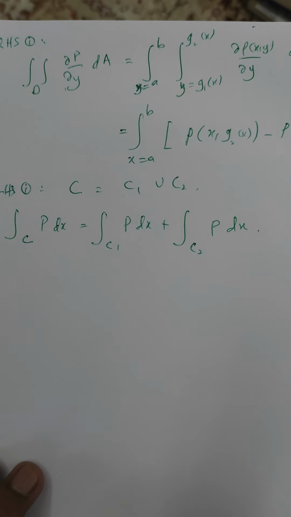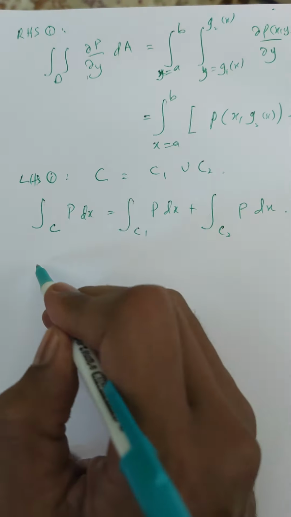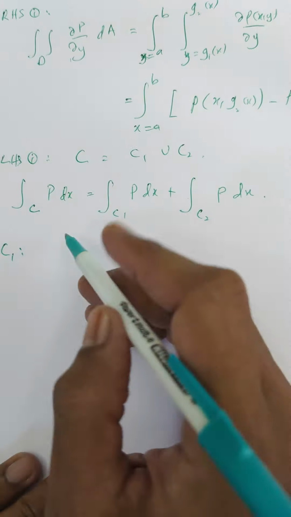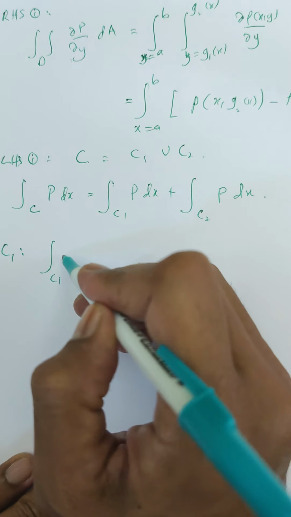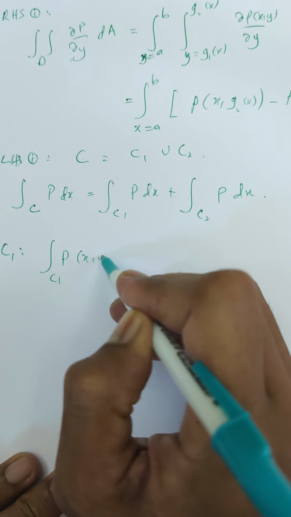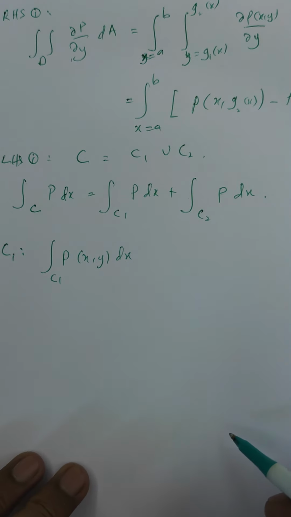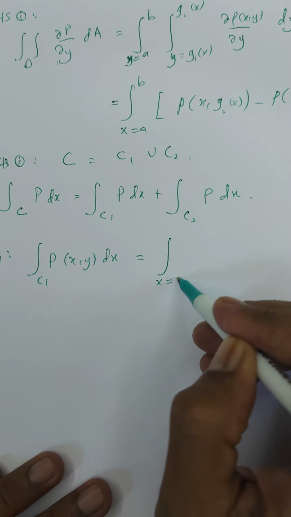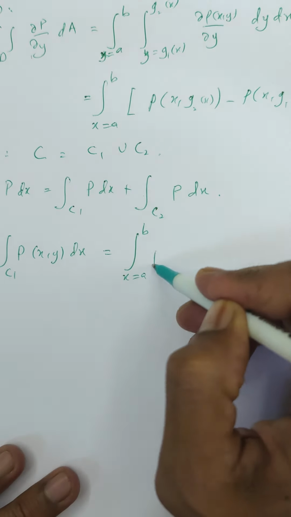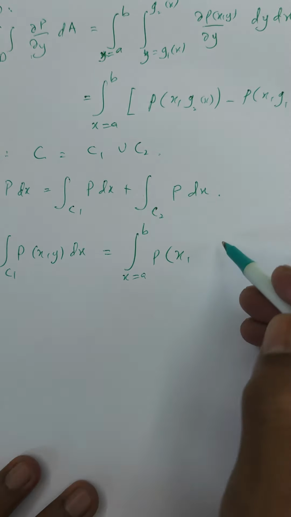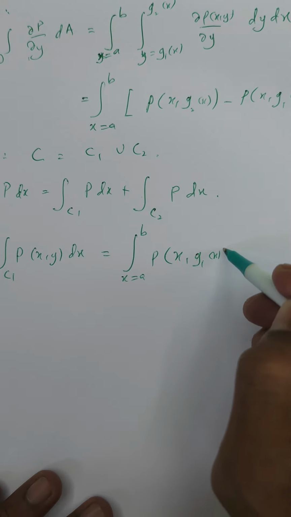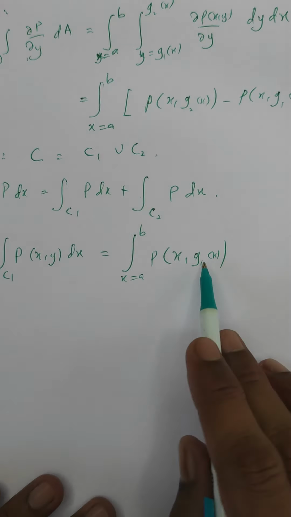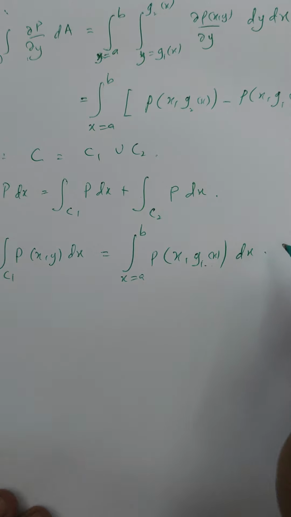Okay, so for C1, we integrate P dx over C1. This is the same as integrating x from A to B of P(x, g1(x)) dx, because our C1 is given by y equals g1(x).